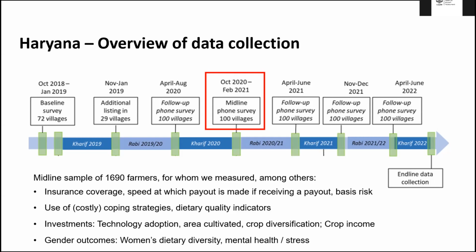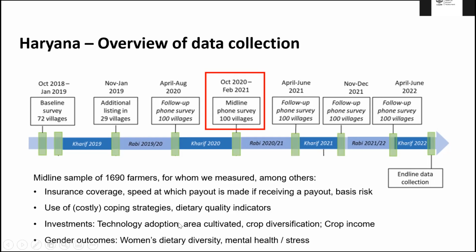So we were not only focusing on PBI here, but also, for instance, the national government insurance scheme, which some farmers are taking on in this area as well. And then also we have measures of basis risk. In addition, we looked at coping strategies, also dietary quality indicators, for instance, a food consumption score that combines both food quantity or frequency with dietary quality and diversity.